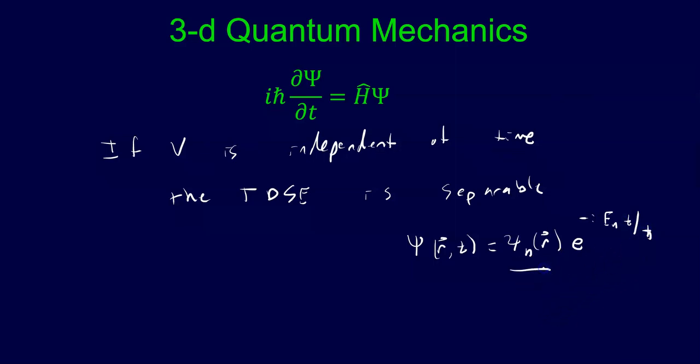So again, this is the new piece that's dependent on three spatial dimensions, and we're left with our same time-independent Schrodinger equation. This will boil down, again, very similar to last time, just now we have this mathematical complexity of three dimensions.